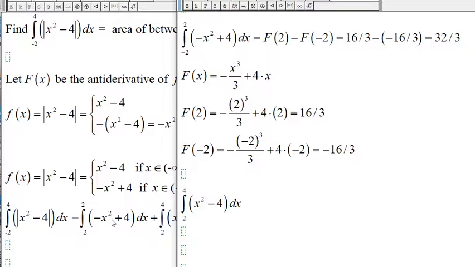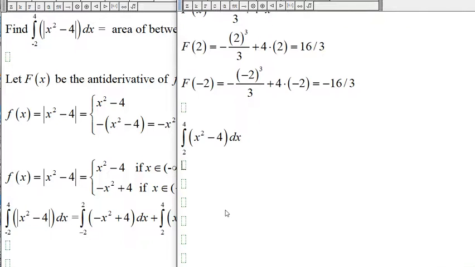And so the area for the first definite integral is 32 thirds. And then now we need the area of the second definite integral. Again, the fundamental theorem of calculus says that this is the antiderivative at 4 minus the antiderivative at 2.